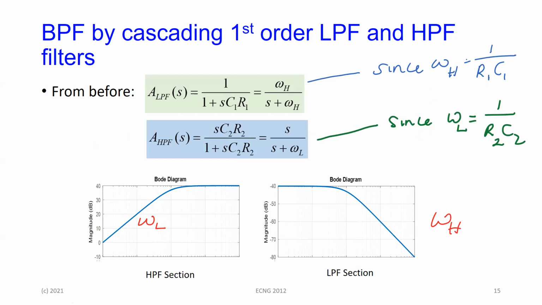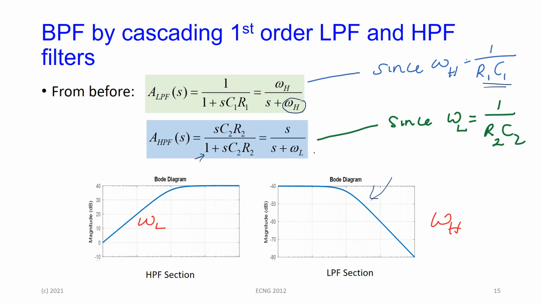So from before, the cutoff of the low pass filter is omega H. Remember, the low pass filter is this one. For that, you determine R1 and C1 accordingly to determine omega H. The high pass filter, this is the transfer function here.